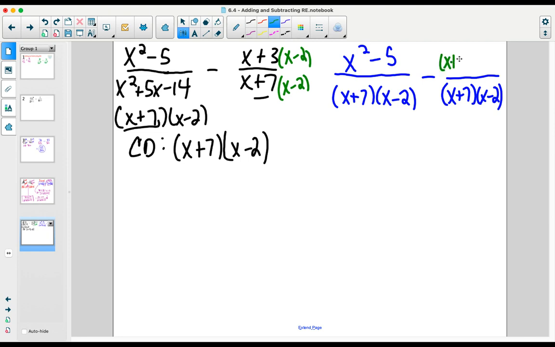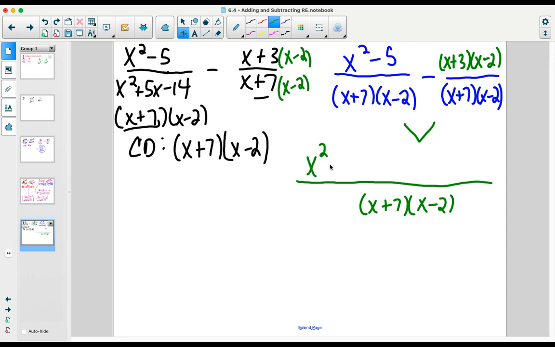And we can write it temporarily as x plus 3 times x minus 2. Combining these two together, thanks to their common denominator of x plus 7, x minus 2, we have x squared minus 5 from the first rational expression, and then x plus 3, x minus 2.